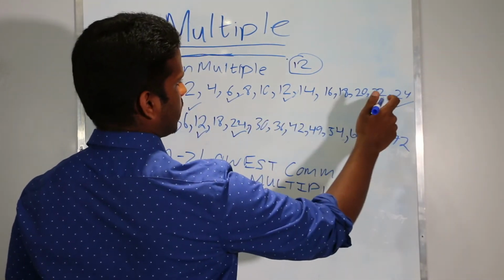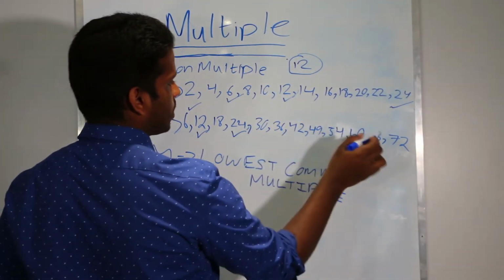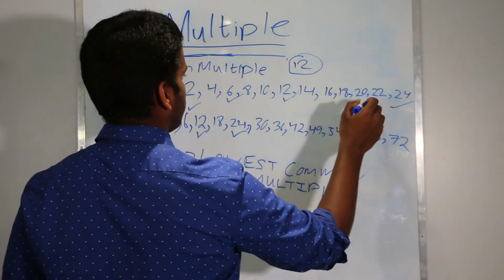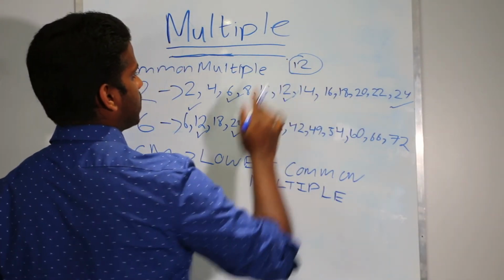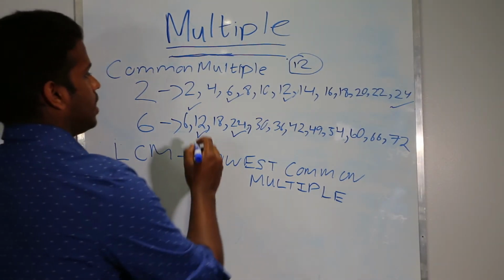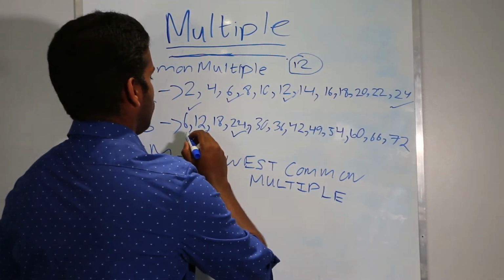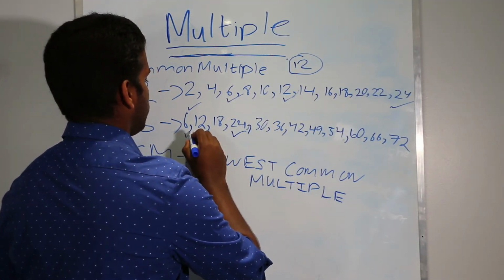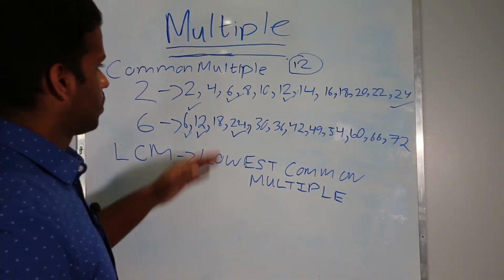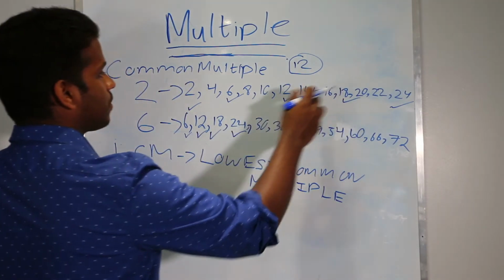So 24 is, I think, the highest we can go. There could be more common numbers, but since we stopped at the 12th multiple, we'll say these are the common multiples. We have a few here.